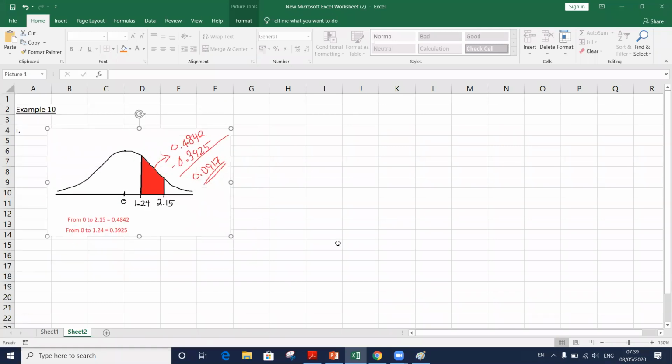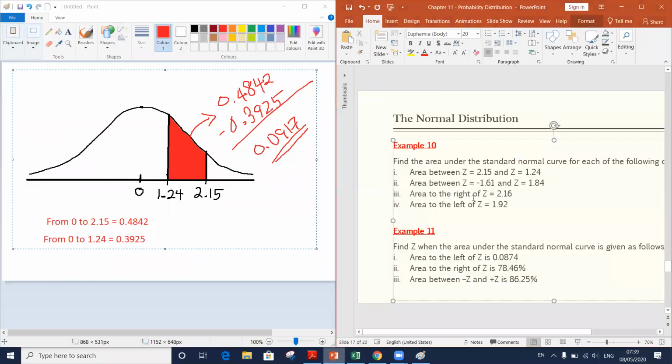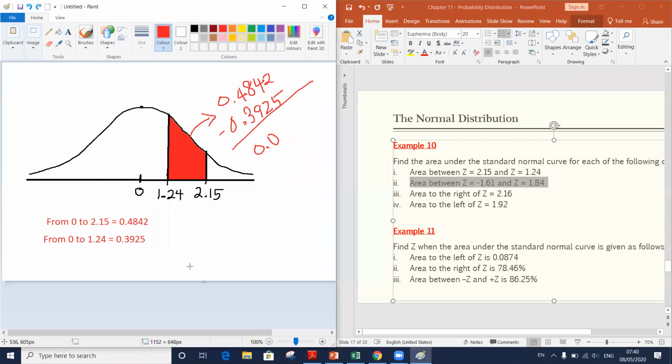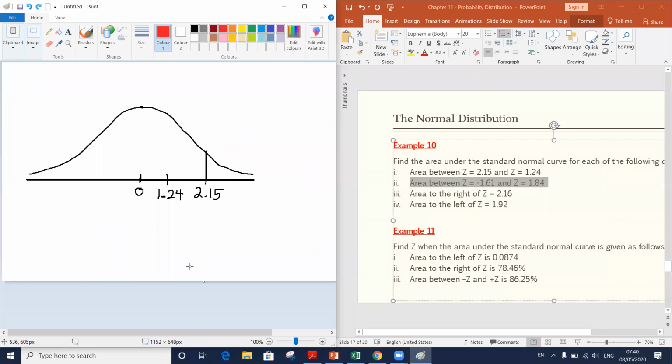Part 2. Area between Z equals minus 1.61 and Z equals 1.84. If it is Z equals minus 1.61, where should it be on our curve?